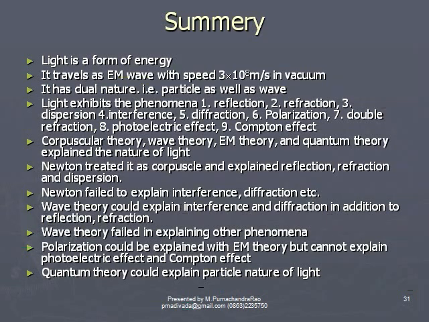But it also failed in explaining some other phenomena like photoelectric effect, Compton effect, polarization, etc. Then Maxwell proposed electromagnetic theory, which enabled to explain polarization, double refraction, etc. But it also failed in explaining photoelectric effect and Compton effect.